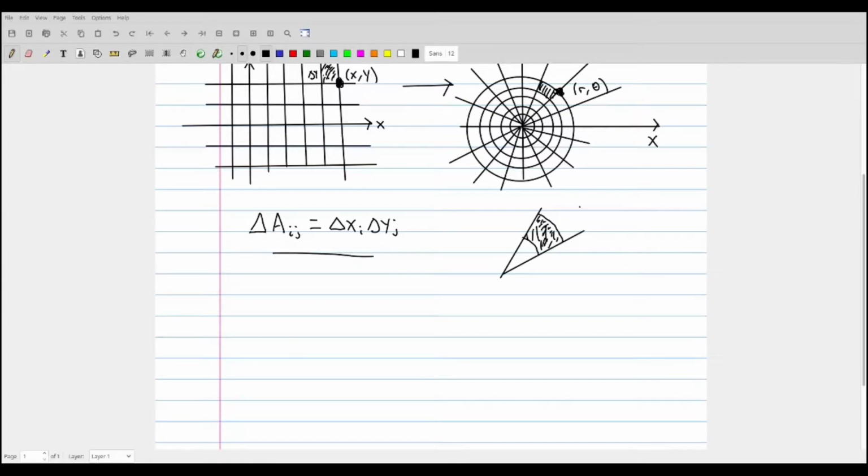In polar coordinates, we still have that we'll call the area of the ijth box in our partition, delta A_ij, but this is determined differently because the shape of the box is different.